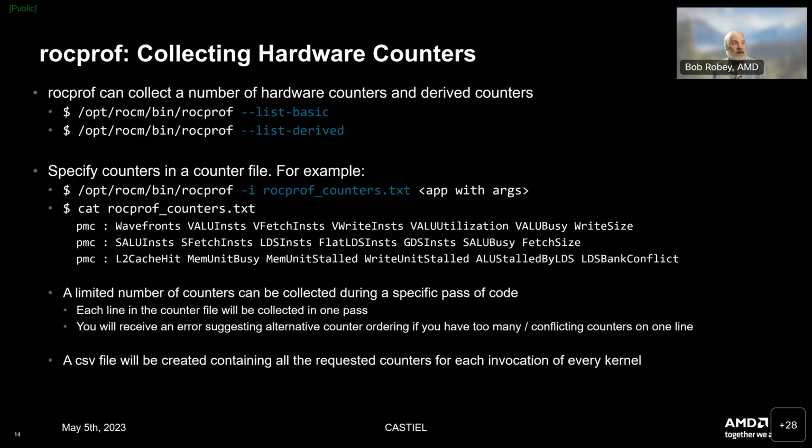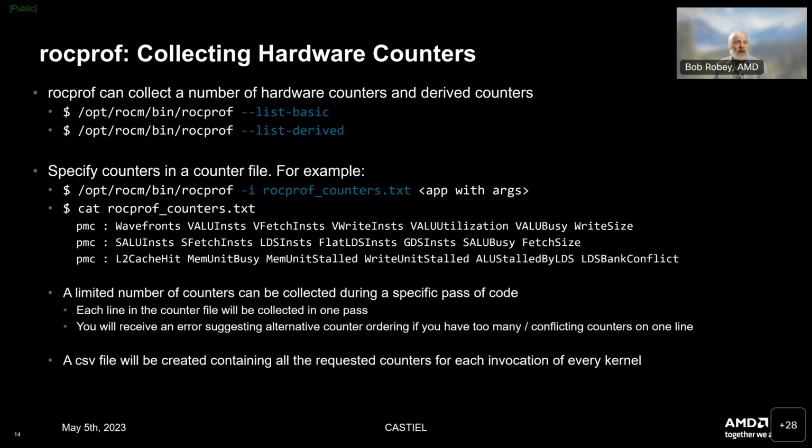So we can find out what our hardware counters are for this particular device and release of ROCm. So we have quite a few different counters, and you may not know what to start with because there's so many of them.